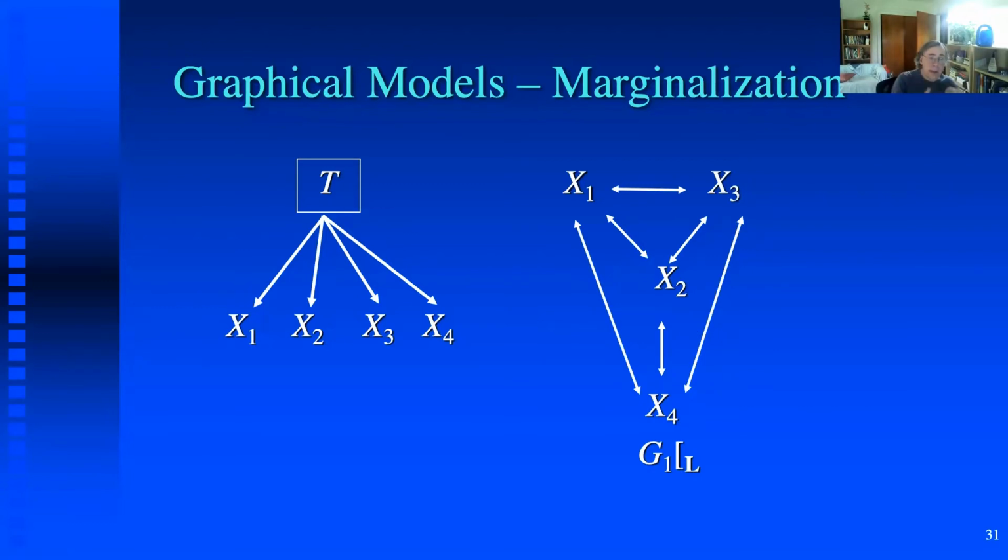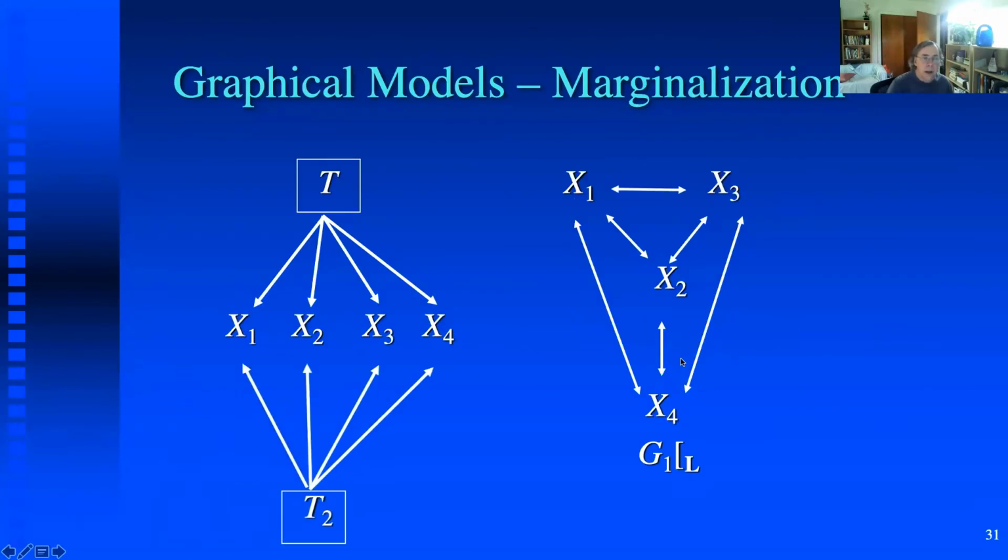So I've removed T, and it's got double-headed arrows everywhere, and this means that x1 is not an ancestor of x4, and x4 is not an ancestor of x1, and x1 and x4 are d-connected conditional on every subset of the other variables. And similarly, that would be true for every pair of variables. So that would be the graph that I get.